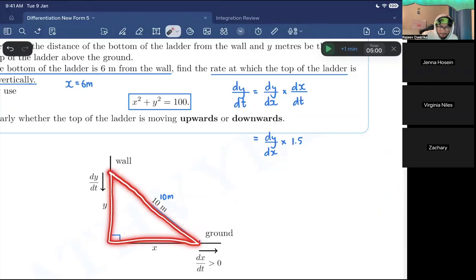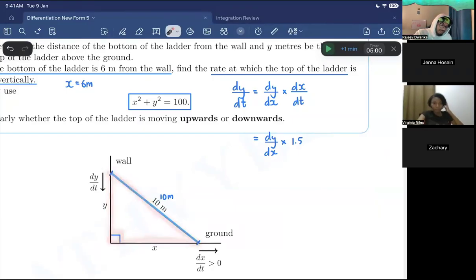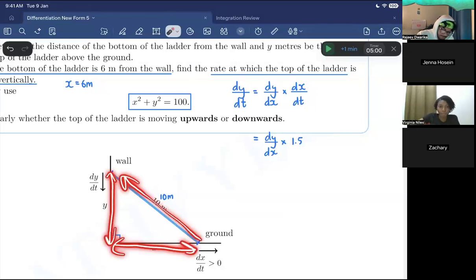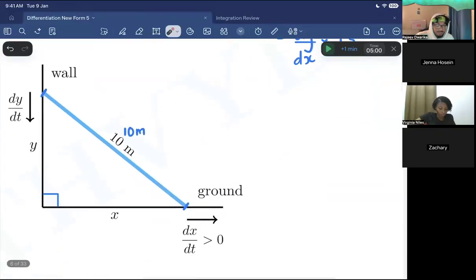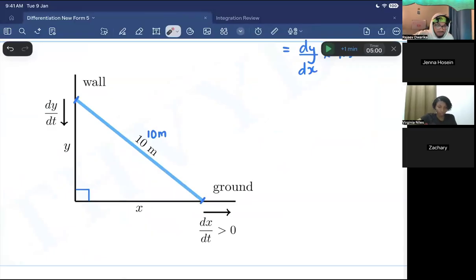A right triangle. Exactly. Now, what is the relationship between this length and this hypotenuse? I want to know the general equation.